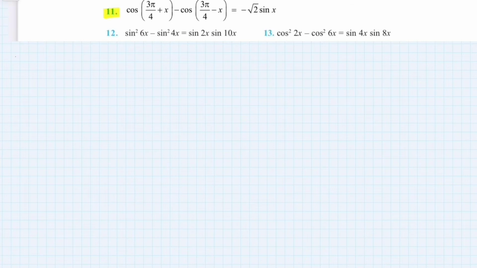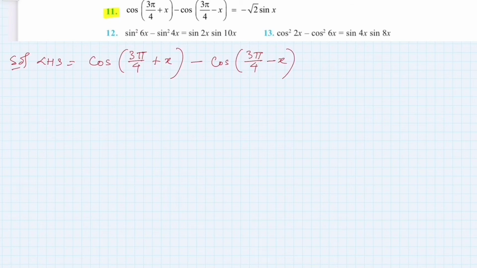So again we are going to write the left hand side first. Left hand side is equal to cos of 3 pi by 4 plus x minus cos of 3 pi by 4 minus x. Okay, this is the left hand side.